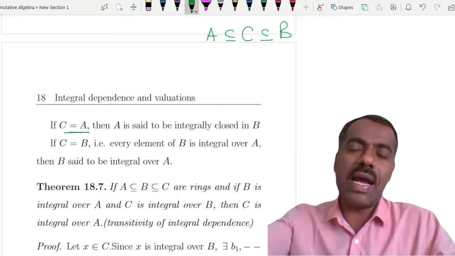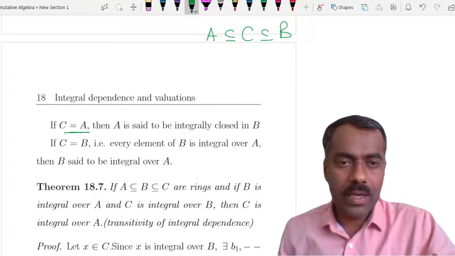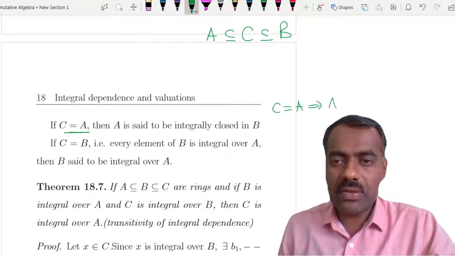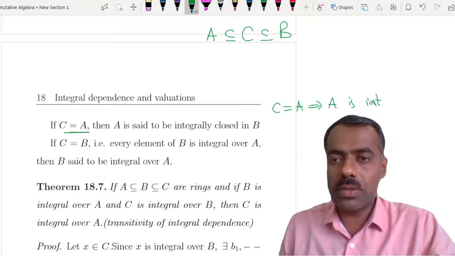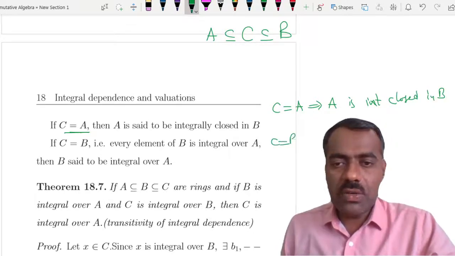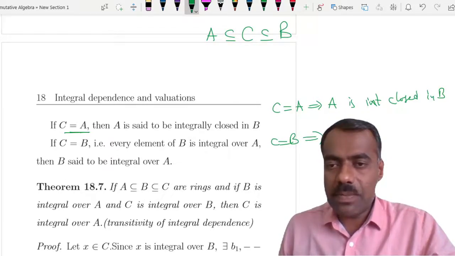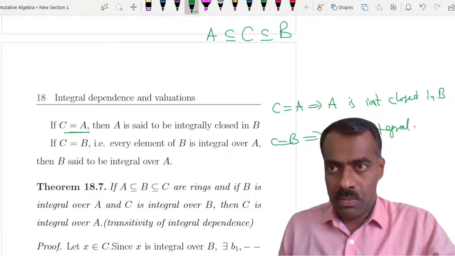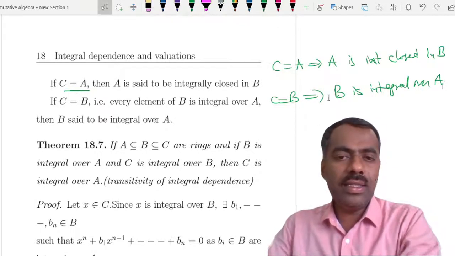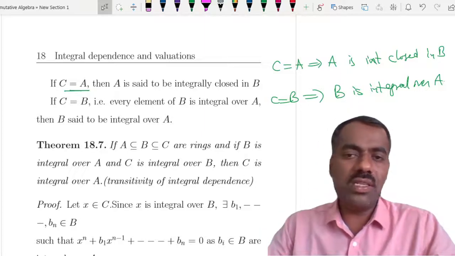You don't have any elements outside A which are integral over A. And if C is equal to B, that means every element of B is integral over A. So in that case, we say that B is integral over A. So these are the two extreme cases: A is said to be integrally closed, and B is integral over A.